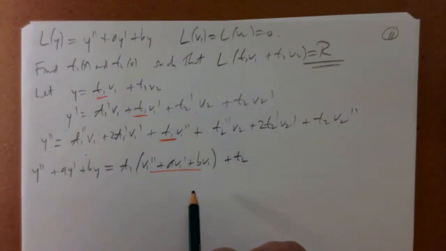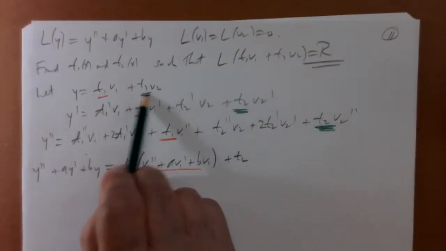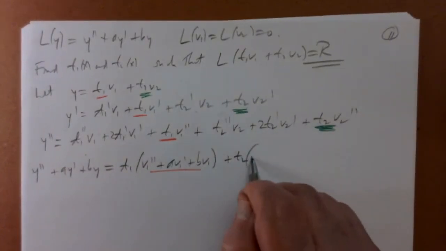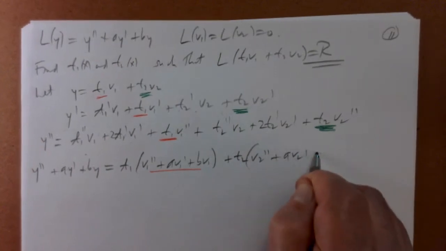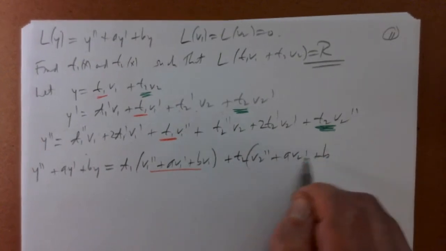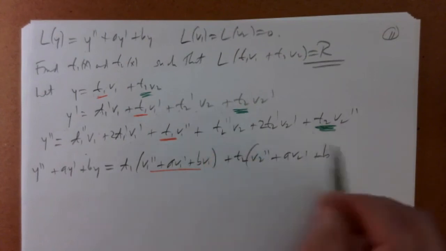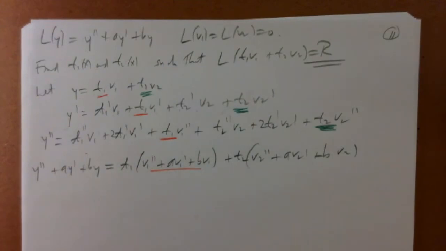Here's a t2, here's a t2, and here's a t2. So that's t2 times (v2'' + a v2' + b v2). So that's 6 terms. Good.